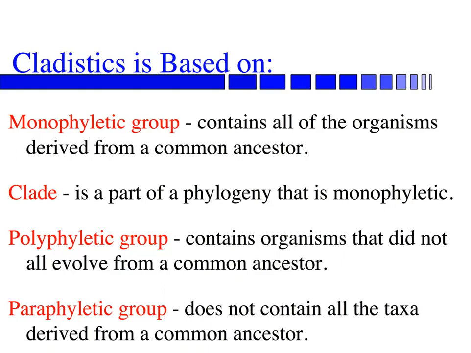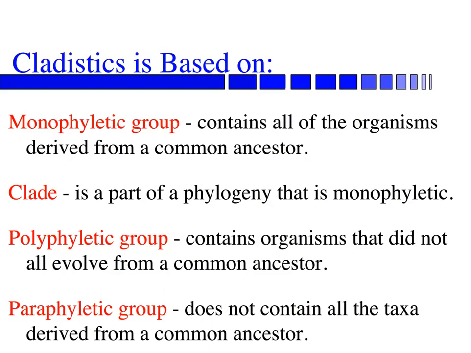Polyphyletic. Poly means many, so a polyphyletic group contains creatures that did not necessarily all evolve from the same common ancestor. For those of you that are super detail-oriented, I realize you could argue that all of life came from one critter. But the reason we have these terms in this field is so systematics people can talk to one another, and as soon as you see the term monophyletic, you know what that is.